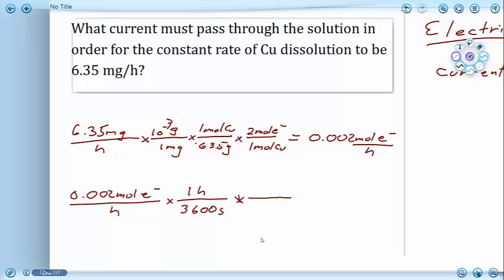This is Faraday's constant right here. If we say 96485, take a close look at the units. They are coulombs per mole. That's moles of electrons, so the moles cancel out, the hours cancel out. What we're left with is coulombs per second.